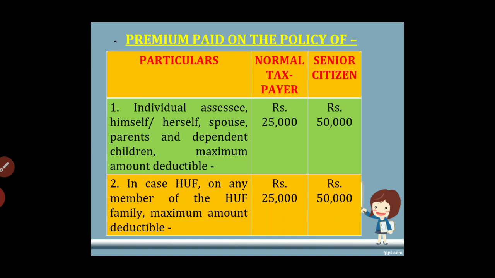That means if the HUF member is not a senior citizen, that is a normal taxpayer, then the amount of deduction is 25,000, and if the member of that HUF is a senior citizen, then the amount of deduction that can be claimed is rupees 50,000. So in both cases, individual or HUF, in case of a normal taxpayer, the amount of deduction will be 25,000, and in case of a senior citizen, it will be extended by another 25,000. That means in case of a senior citizen, the amount is 50,000.